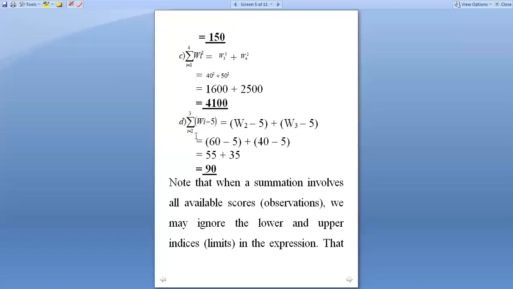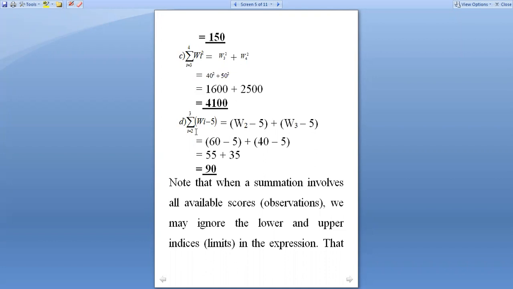Sum up the observations of W minus 5 from the 2nd to the 3rd. They are telling you that for each observation of W, subtract 5, and then you add the differences, the remainders.